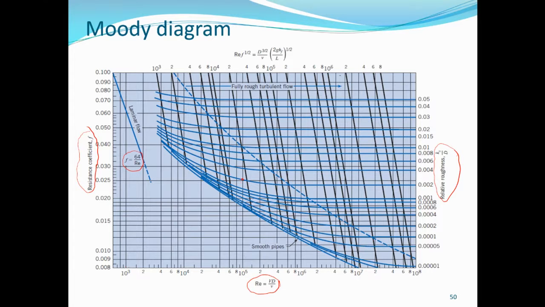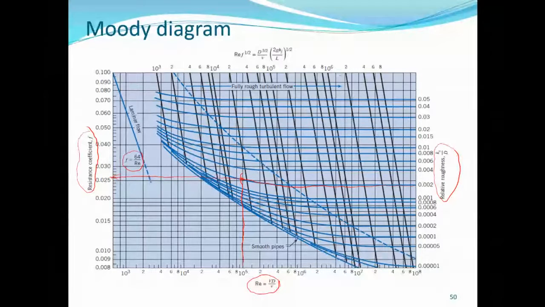You go up using the Reynolds number, and then you follow the curve that has that relative roughness, 0.02, which is this curve. Where they meet, you now project it to get the friction factor, which we can say is 0.026. Which is this point.